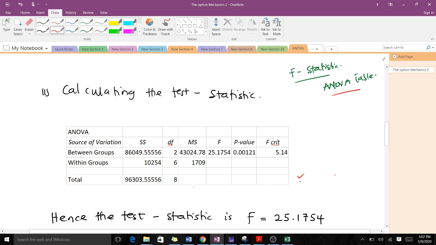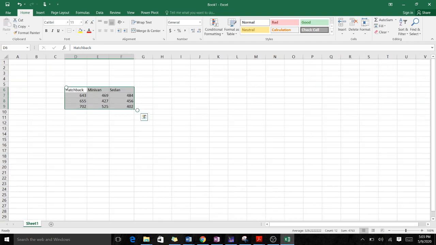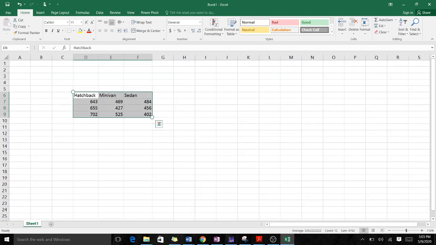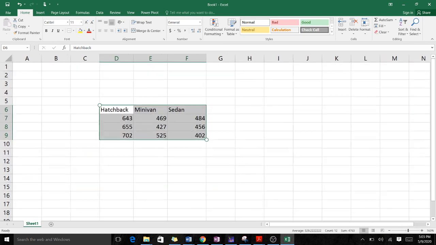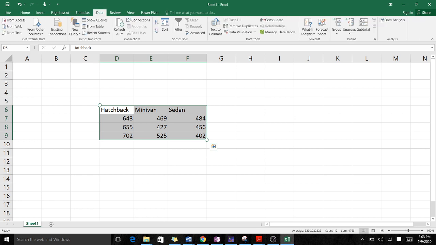Alright, so realize that this is our data here. So we come here and we select our data. So after selecting them, then let me increase the font size. Then we come to Data.